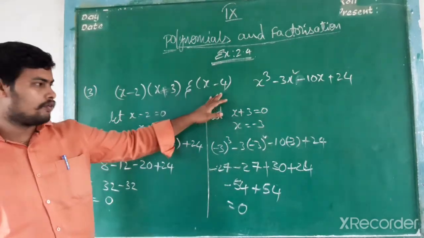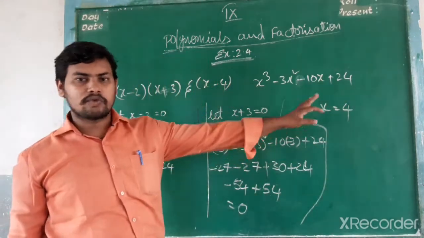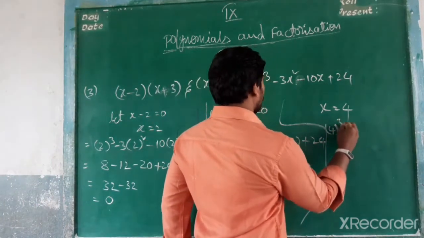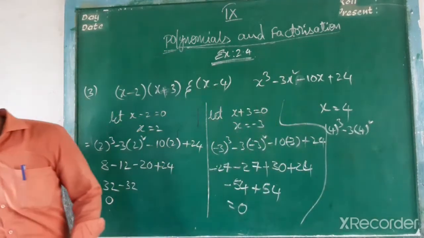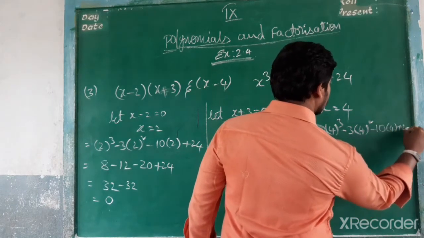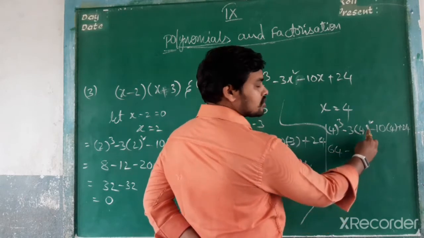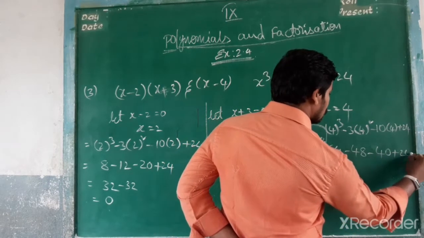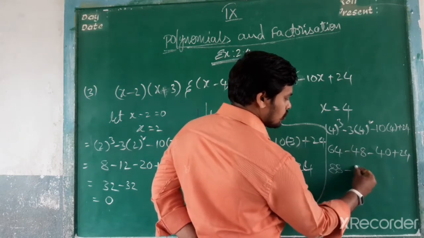Now do it with x equal to 4. Let x minus 4 equal to 0, so the x value is 4. Simply substitute: 4 cube minus 3 into 4 square minus 10 into 4 plus 24. 4 cube value is 64. 4 square value is 16. 16 times 3 is 48. 10 times 4 is 40, plus 24. 64 plus 24 is 88, minus 88.